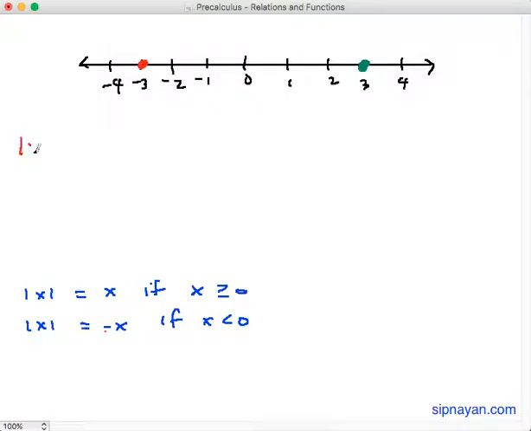Absolute value of x is equal to, may curly bracket tayo. We have x if x is greater than or equal to 0, tsaka negative x if x is less than 0. So, pag nag-aaral tayo ng piecewise function, makikita nyo to palagi yung mga ganitong symbol. Parang hinati siya sa dalawa.